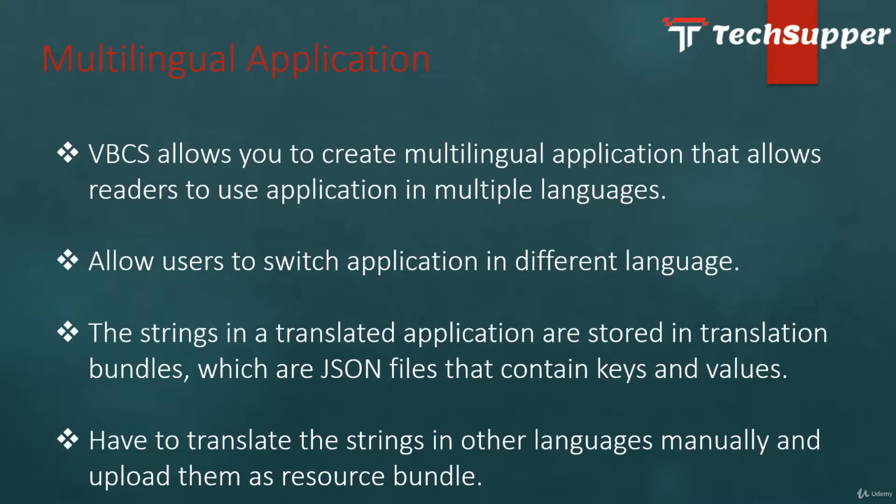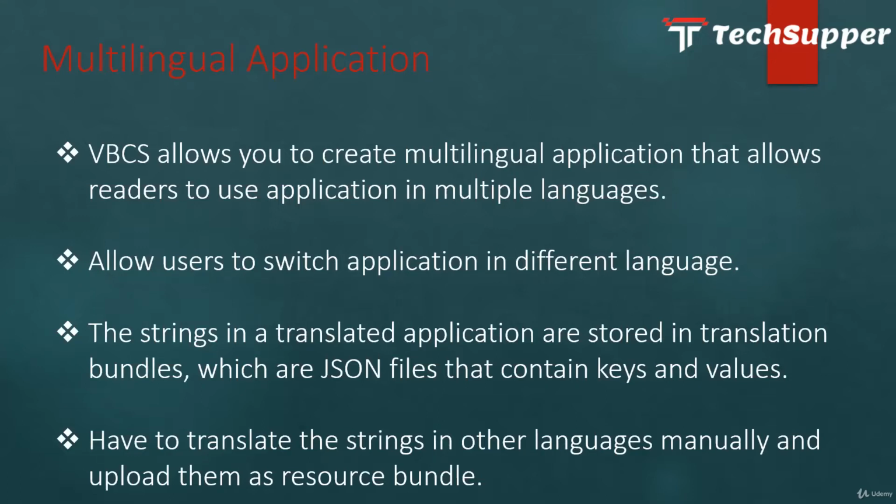Let's suppose I, as an end user, open the application. I want to see the content on the web application in English. The people who live in Germany want to see the application content in German. The people who live in another country want to see the web application data in a different language.